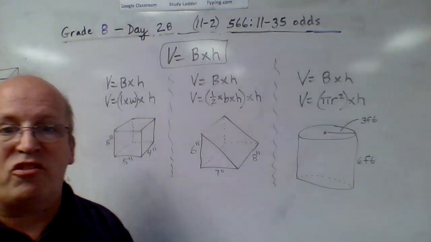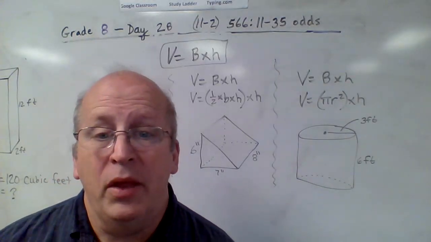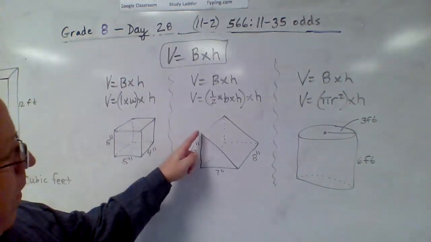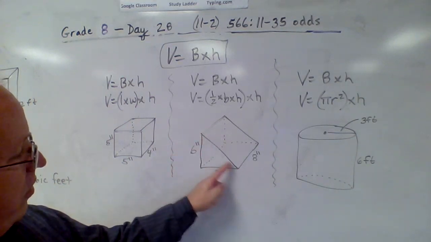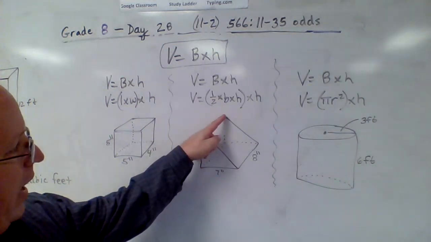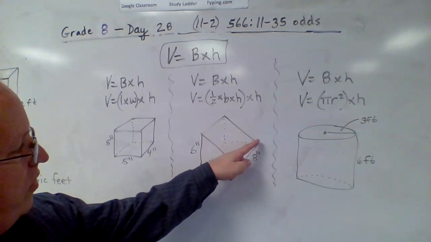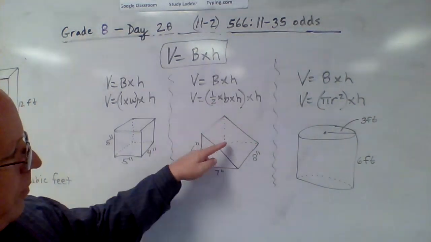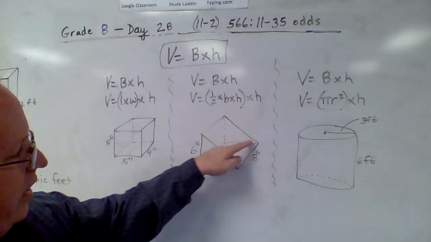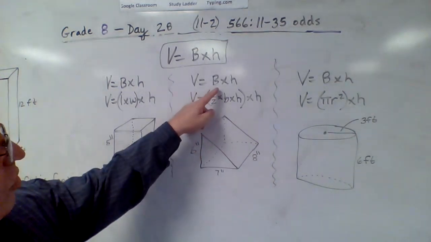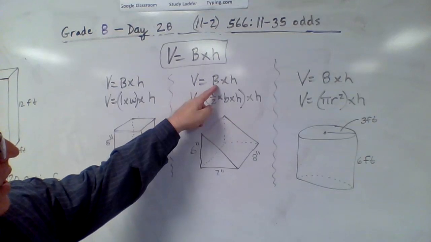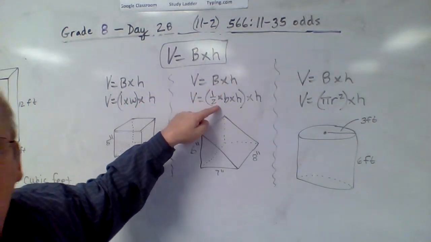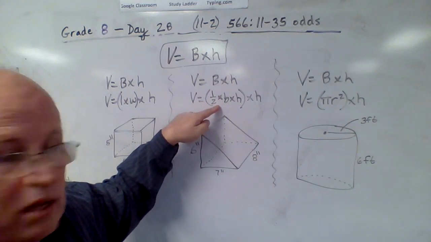Now, when it comes to this triangular prism, things are a little bit different. In the case of a triangular prism, the bases are here, this triangle, and back here in the back side, this other triangle is the base. The base of this triangular prism is not this rectangle that's 7 by 8. And so notice what happens to the capital B. It does not become length times width. It becomes the formula for the area of a triangle.